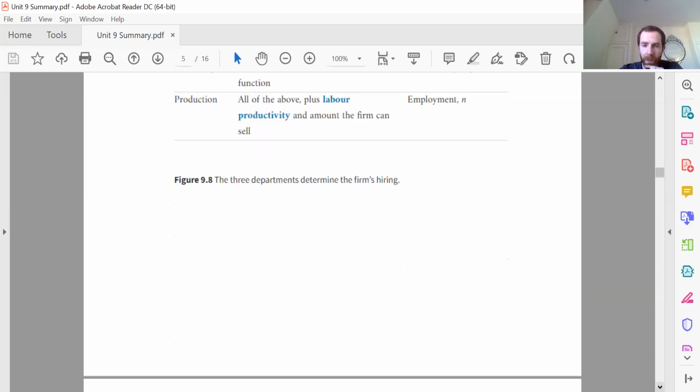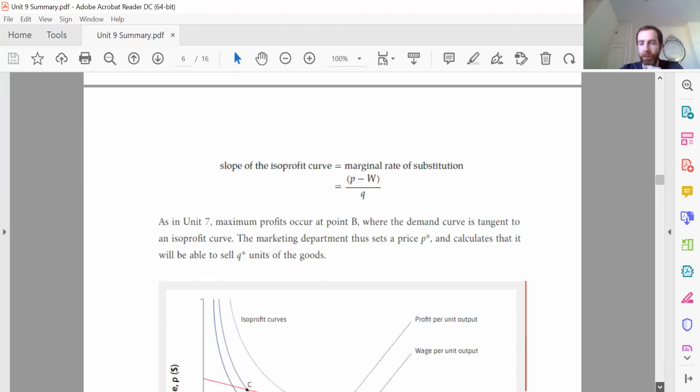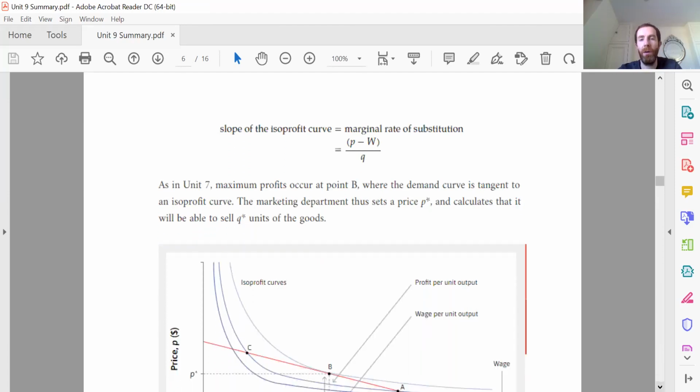We're going to talk about now how the firm makes its decision. And one thing that's going to come back and be important in a few minutes is the slope of the isoprofit curve, which is equivalent to the firm's marginal rate of substitution, because it shows their willingness to substitute price for quantity to achieve a constant level of profit.